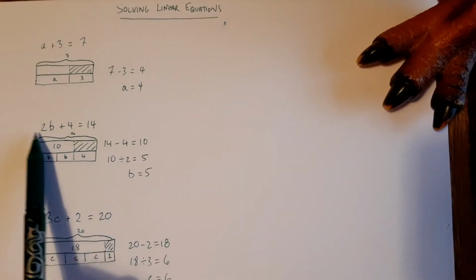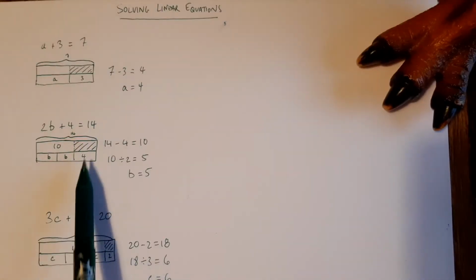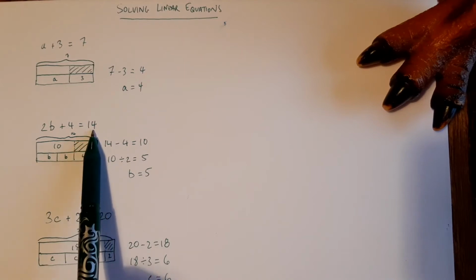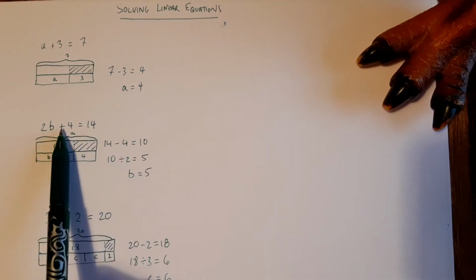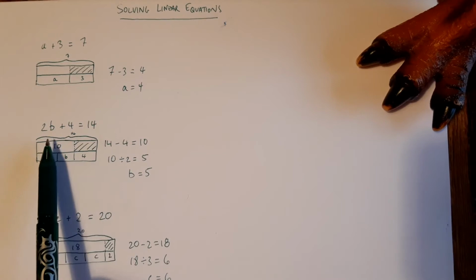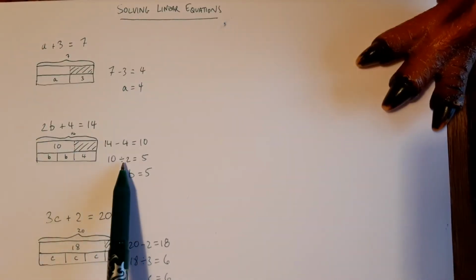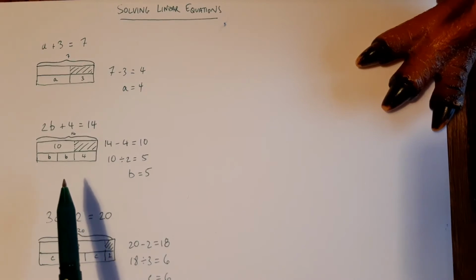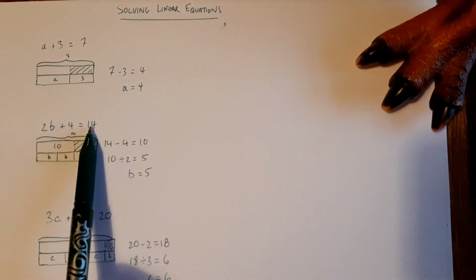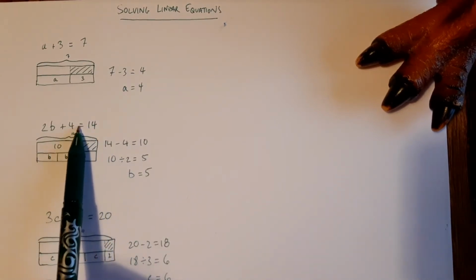What some people are noticing is that with a problem like 2b plus 4 equals 14, you end up doing 14 take 4, which is the opposite of add, and then instead of doing times 2, as it says here, you do the opposite and divide by 2. So you're working backwards from 14 and doing the opposite.